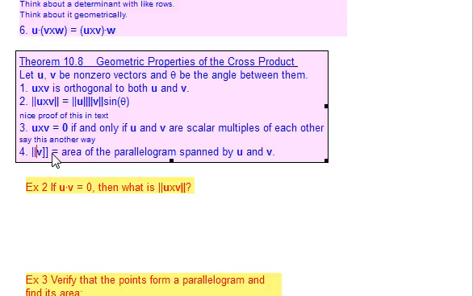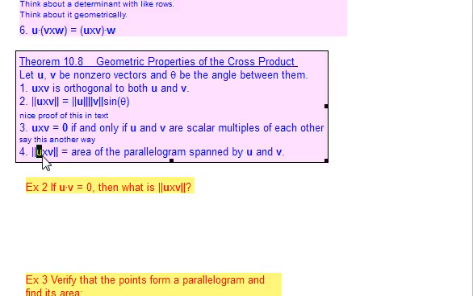Did I miss something there? Oh, I did. This is supposed to be the length of u cross v, because we've already had this, is equal to the area of the parallelogram spanned by u and v.